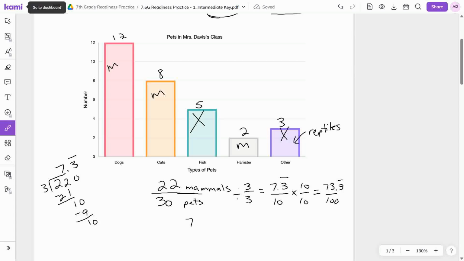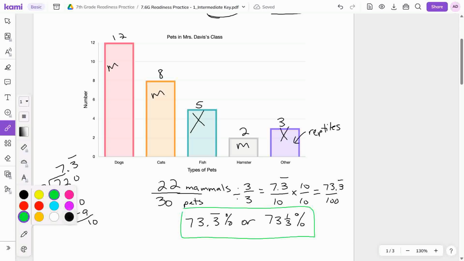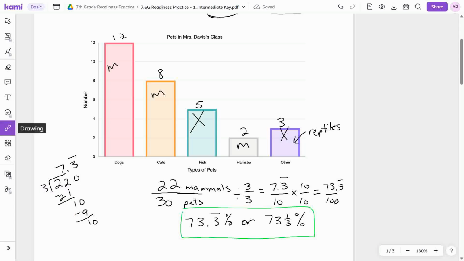So 73.3 repeating percent, or probably a better way to do it would be to do 73, and that 0.3 repeating we can represent with 1/3%. Either one of these are fine, but a little bit more than 73% of the pets in Ms. Davis's class are mammals.